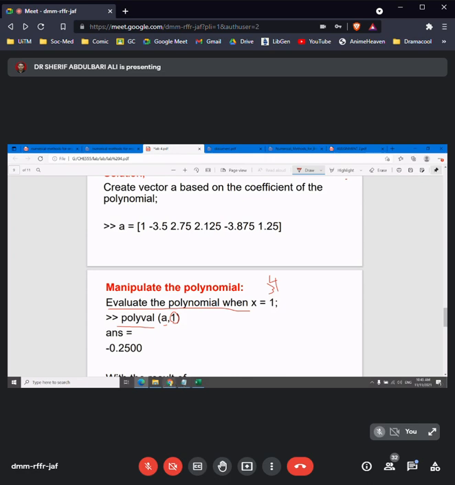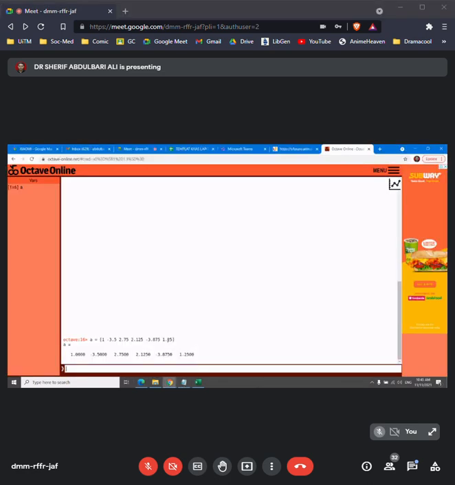Let's try. This is my polynomial A. If I write polyval, the name of my polynomial, and put the value of 0 first, I get the answer 1.25. Right now, I ask you what's the answer when x is equal to 3.